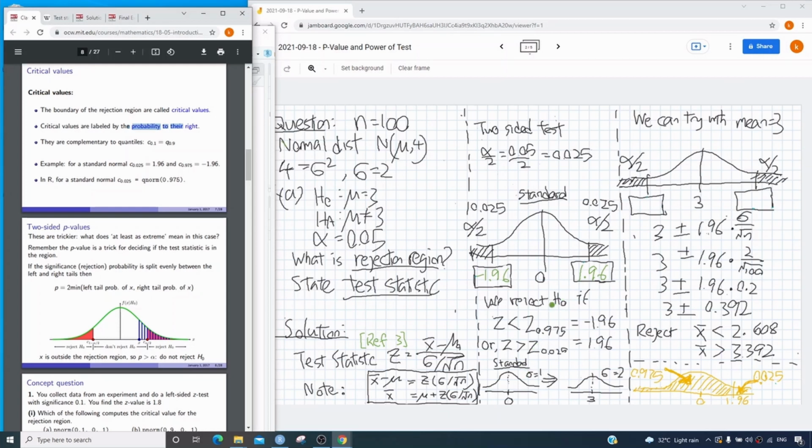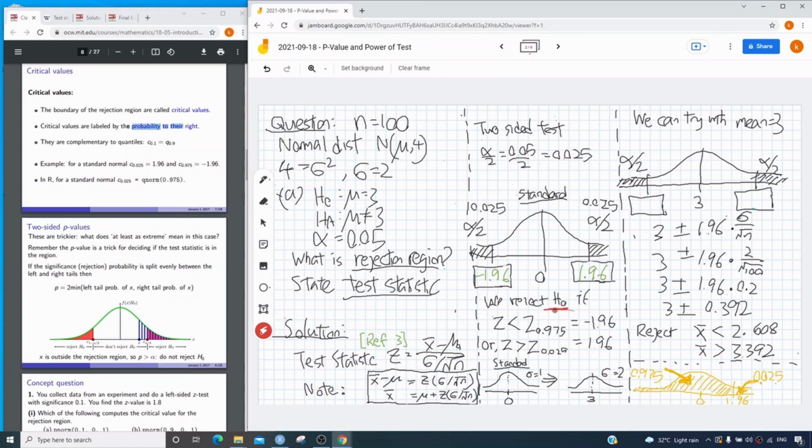Okay, so now we can form this answer. We will reject H0, the rejection region, if Z is smaller than minus 1.96, or Z is larger than 1.96 all the way to the right. Then we will reject H0, the null hypothesis.